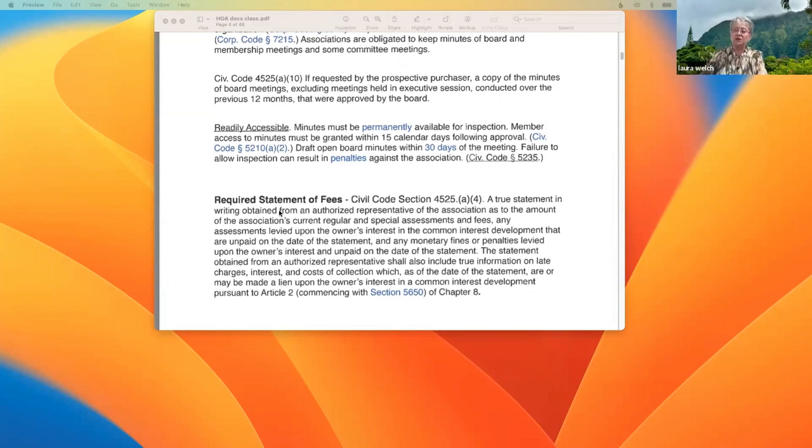One of my first questions when people are missing HOA documents is, did you send them a notice to perform? This is just like anything else, any documents that they're supposed to be giving you, like the NHD or anything like that. These are required by law.